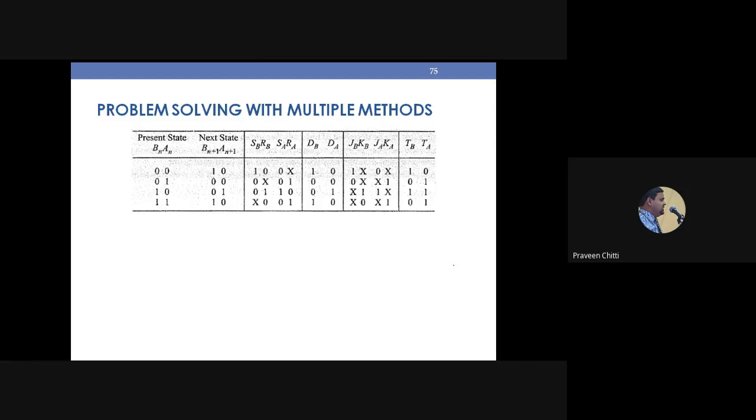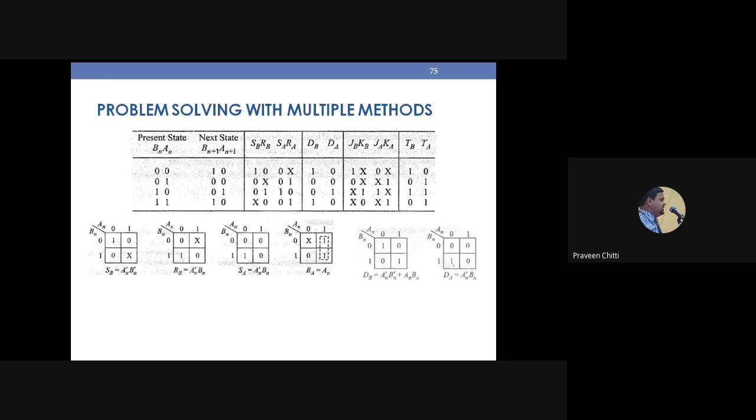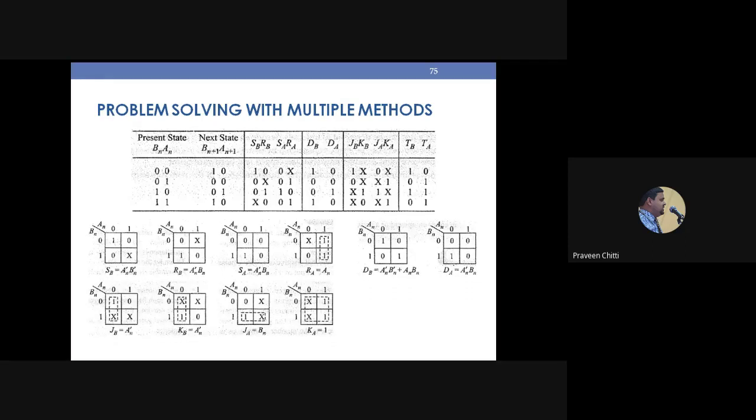All these flip-flop inputs you get using the excitation table of the flip-flop. So you should know the excitation table, and using it you can design the counters. Then you have to use K-map. This particular example is solved by all the ways, with multiple methods and different flip-flops.